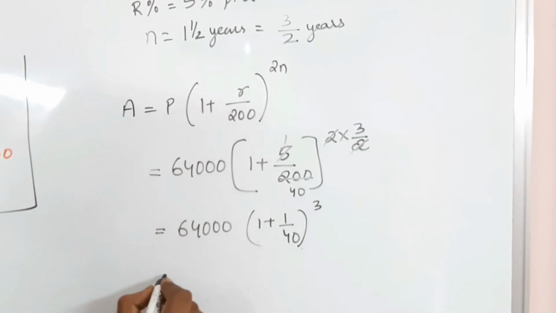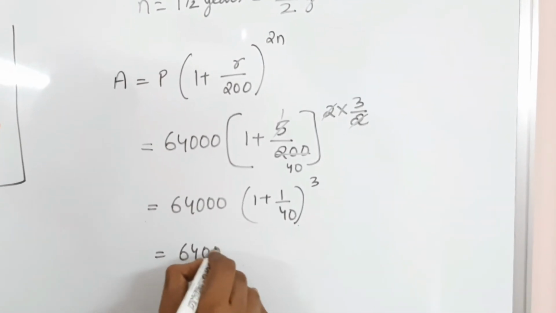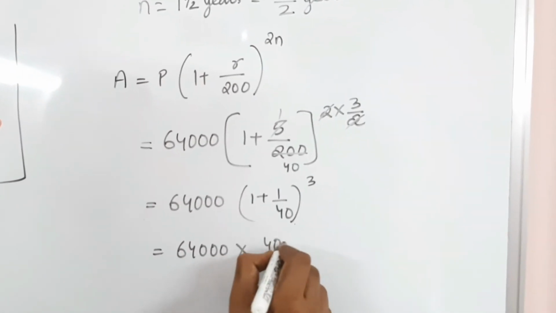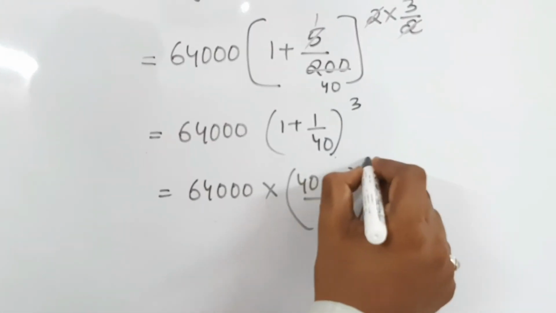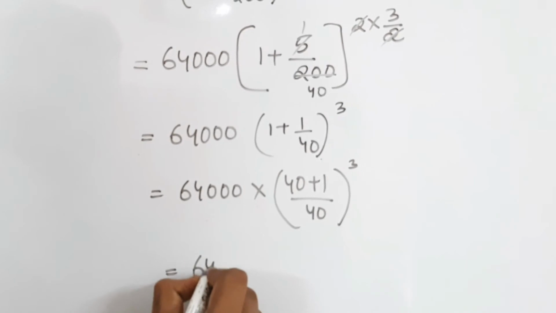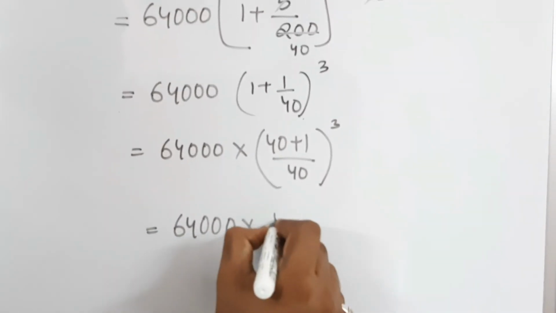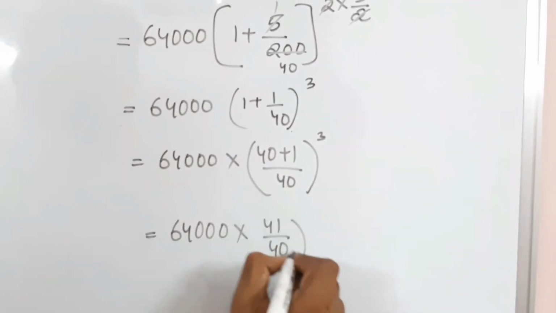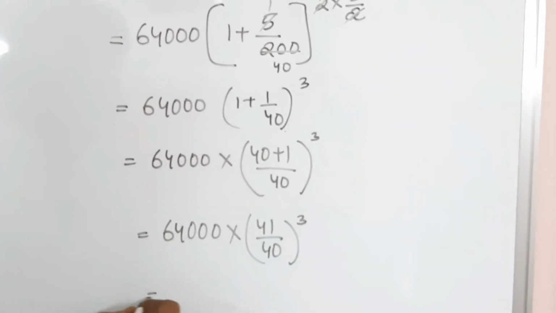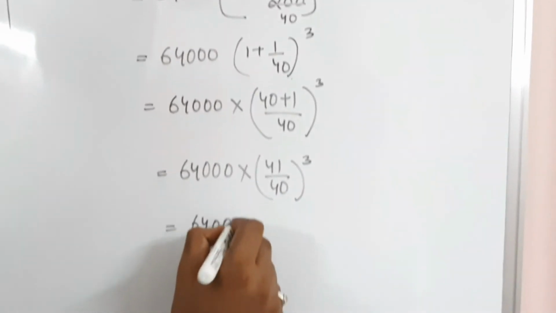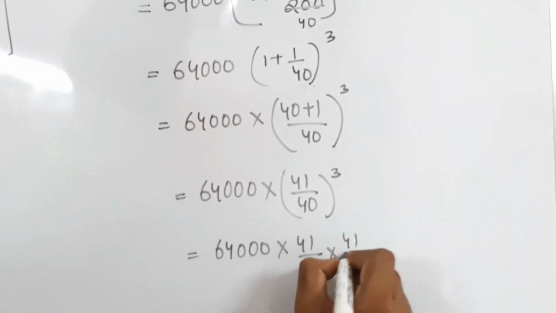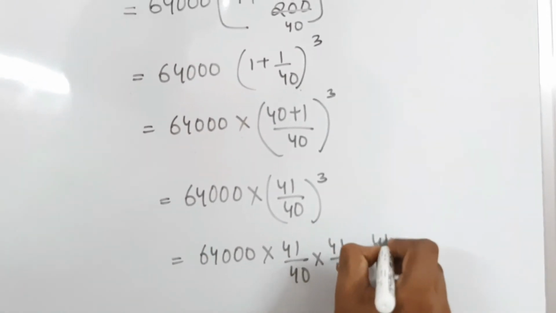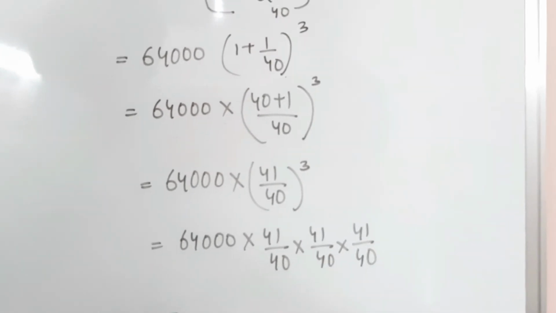Whole power 3. 64,000 into 40 plus 1 by 40, which is 41 by 40, whole power 3. 64,000 into 41 by 40, 41 by 40, 41 by 40.